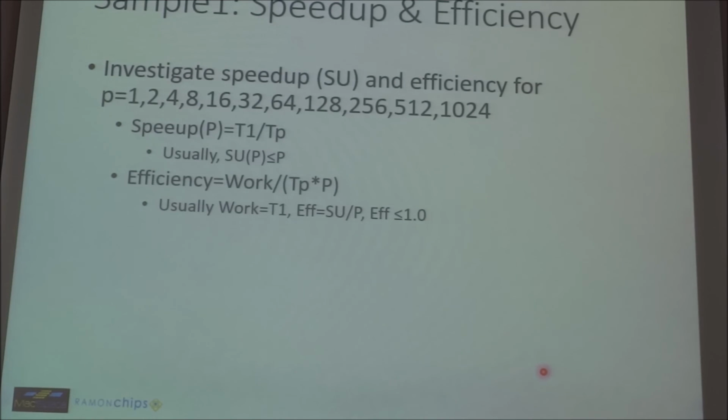I will show later, after the break, how we investigate speed up and efficiency for these numbers of cores. I can change the numbers, and these are powers of 2, from 1 to 1024, only 11 of them. Speed up is this, work efficiency is this, and so on.